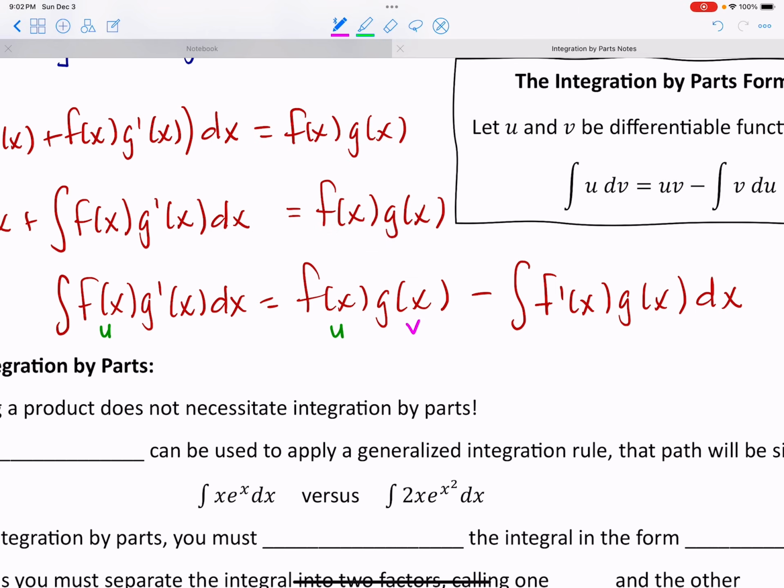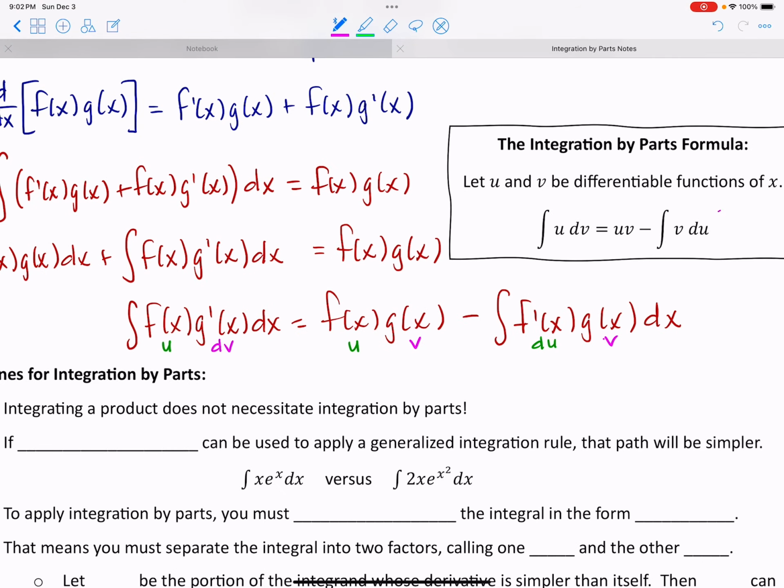So we're going to put a v here, going to put a v here, and then f prime of x would be the derivative of u, and g prime of x is going to be the derivative of v. So I have the derivative of v here. And then all the components you can see exactly in the formula that we have up here.